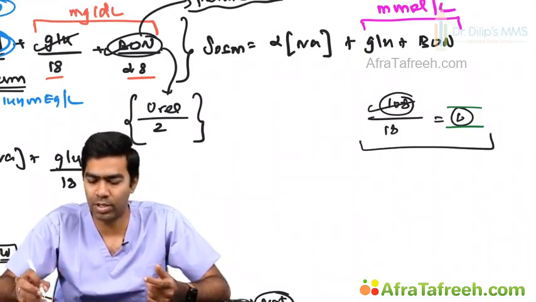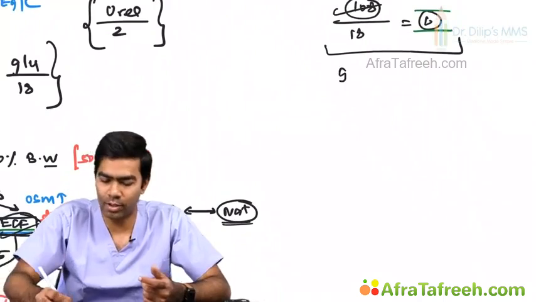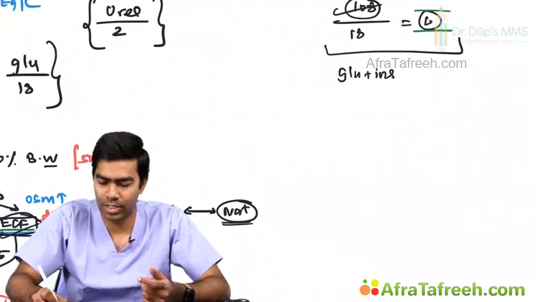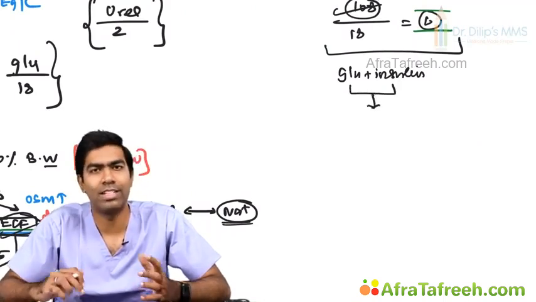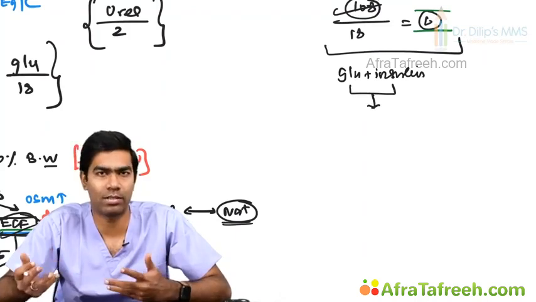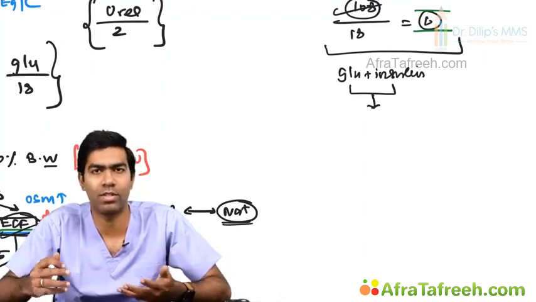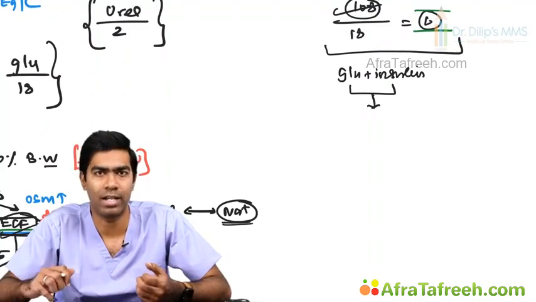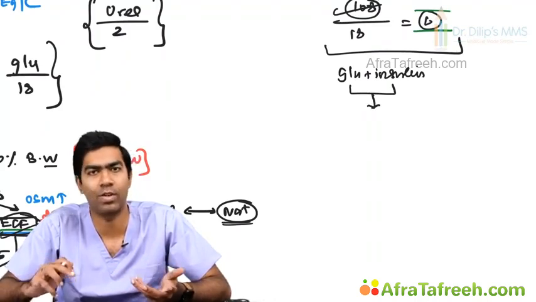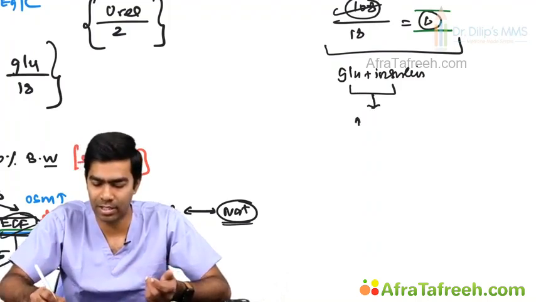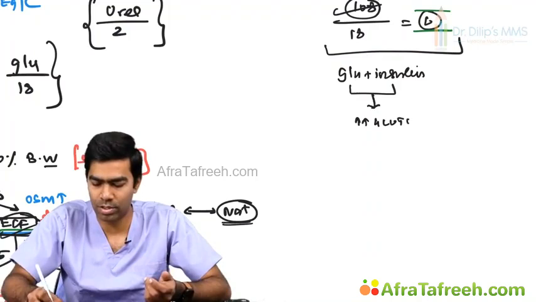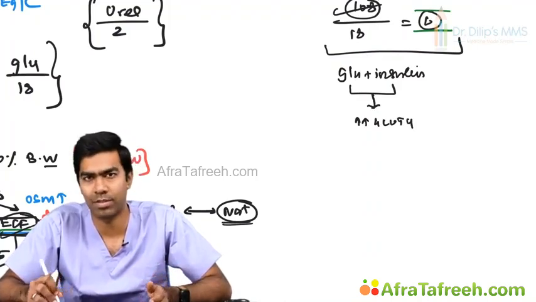At the same time, I'd like to tell one important fact: glucose in the presence of insulin is not a problem at all. Because whenever there is insulin, insulin activates the IRS pathway, the insulin receptor substrate pathway, and the RTK, receptor tyrosine kinase pathway. They cause a lot of intracellular changes, and they increase the GLUT4 transporters on the surface of, for example, a skeletal muscle.